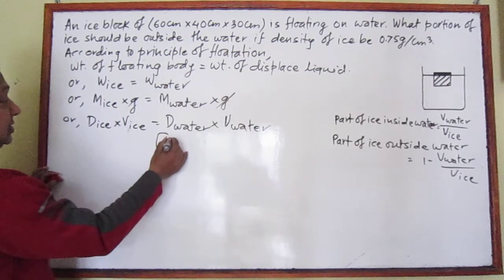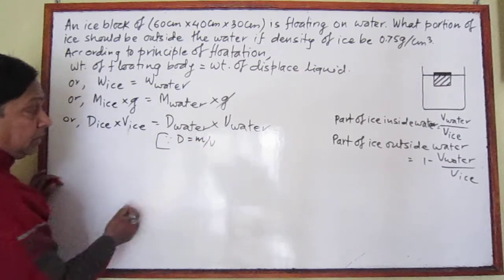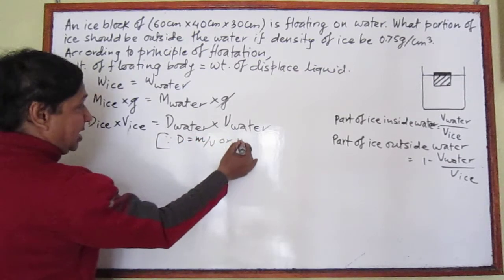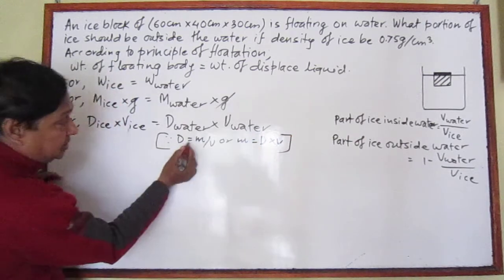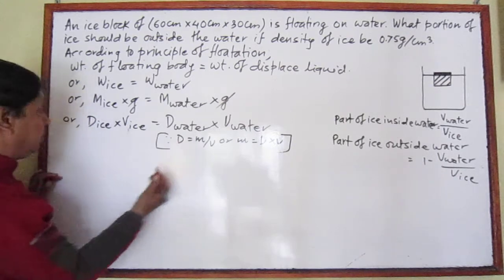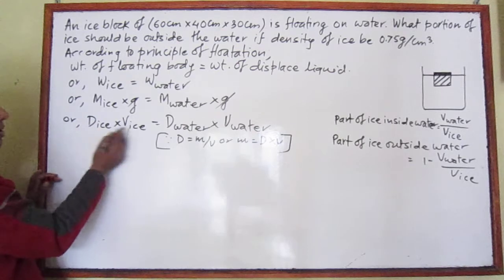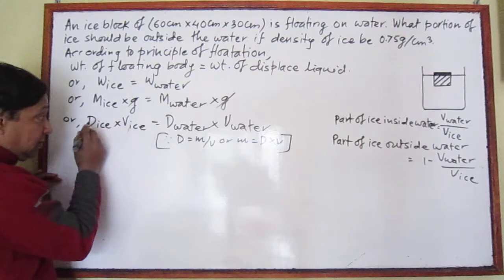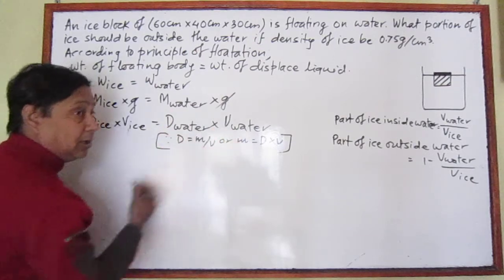Because we know that density equals mass by volume. It means mass is equal to density into volume. If volume is taken to the left hand side, mass equals density into volume. So in place of the mass of ice, I wrote density into volume, density of ice and volume of ice. In the same way, the mass of water can be written as density into volume.